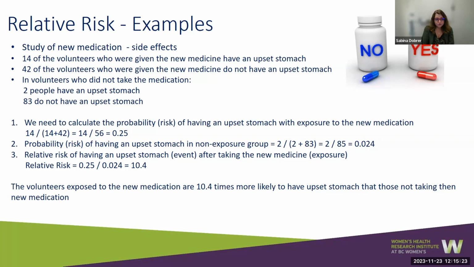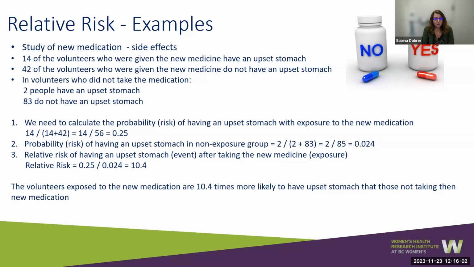So again, of those who were administered the medication, 14 had the condition and 42 did not, and for those who didn't, 2 and 83. Now we're going to calculate the probability of having an upset stomach with exposure to the new medication. It will be 14 divided by 56, which is 0.25. The same way, we calculate the risk of an upset stomach in the non-exposed group: 2 divided by 85, which is much lower, 0.024.